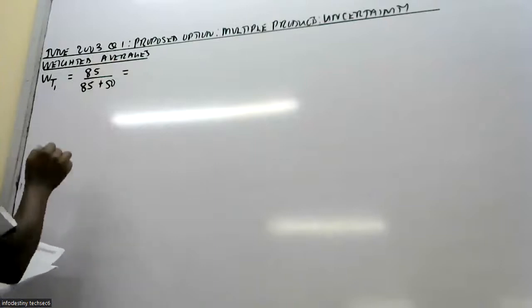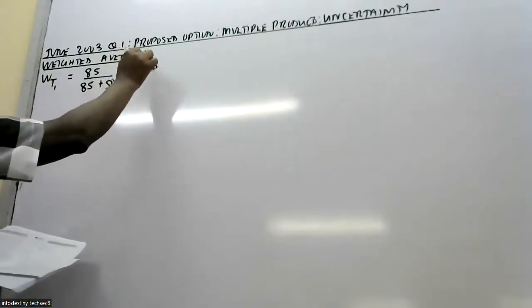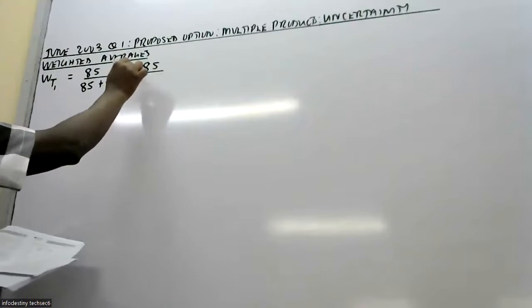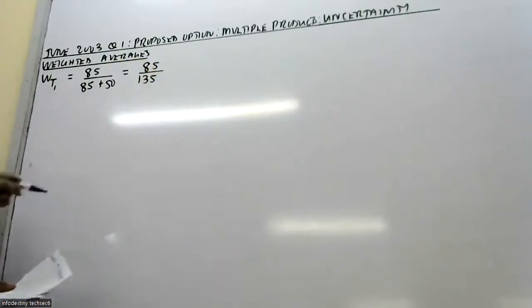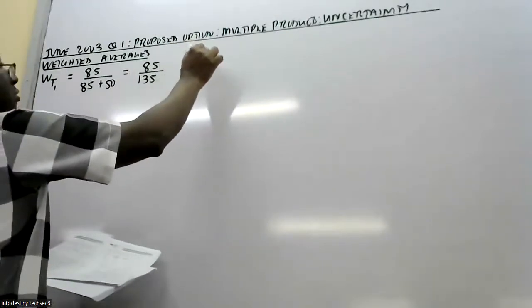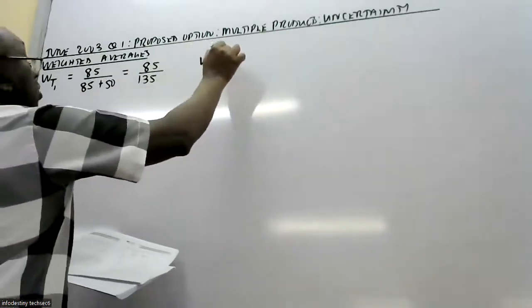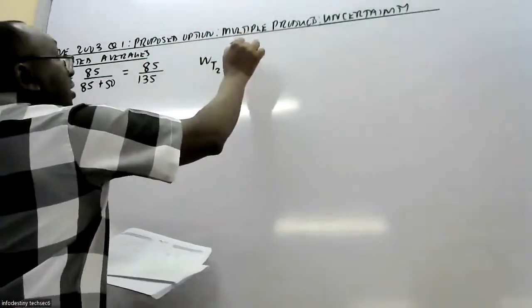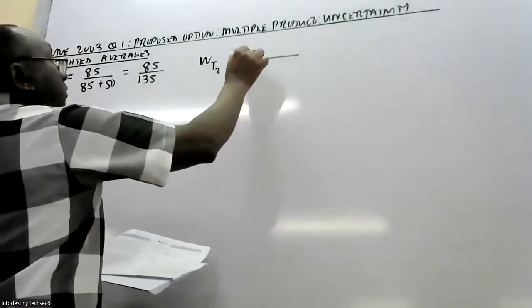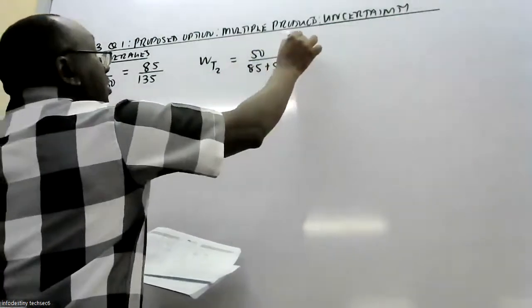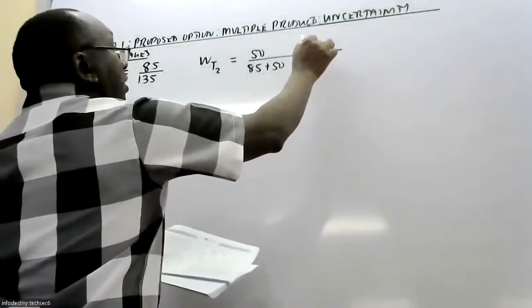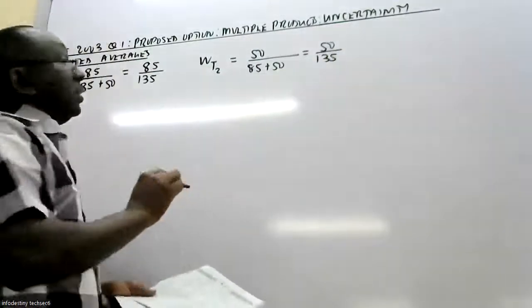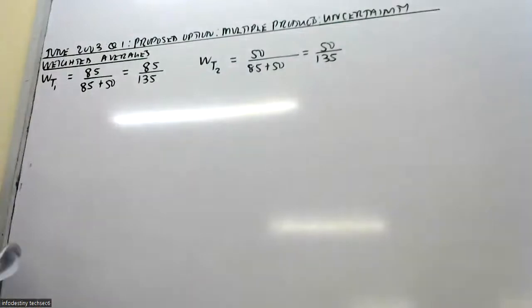So the weight of T1 will be 85 out of 135. The weight of product T2 will be 50 out of 85 plus 50, so this is 50 out of 135. Those are weights in terms of units.